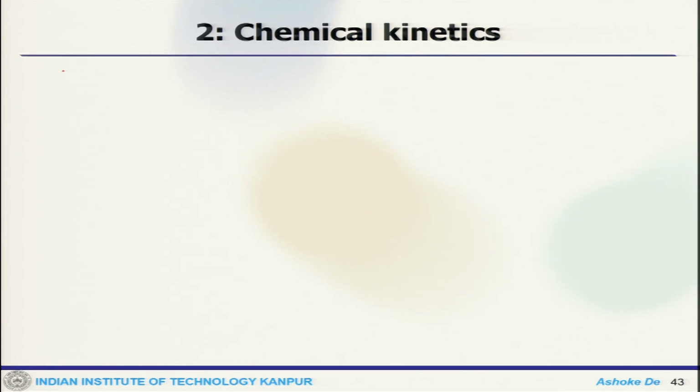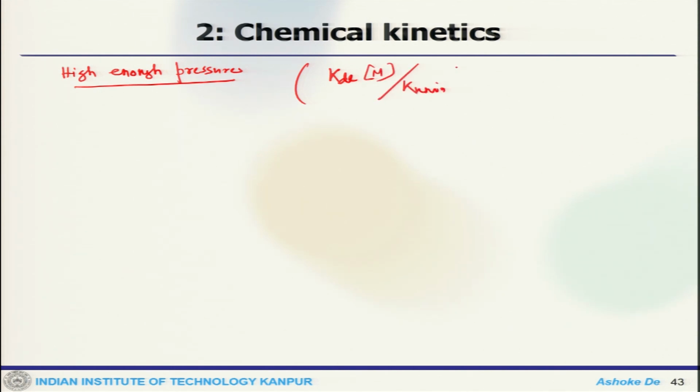Now, if your pressure is high enough, okay, that means K d E m by K unimolecular is greater than 1, because m increases as the pressure is increased.